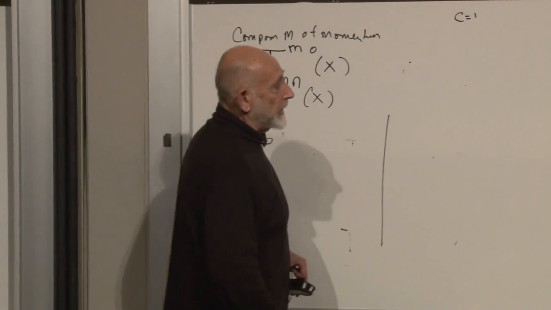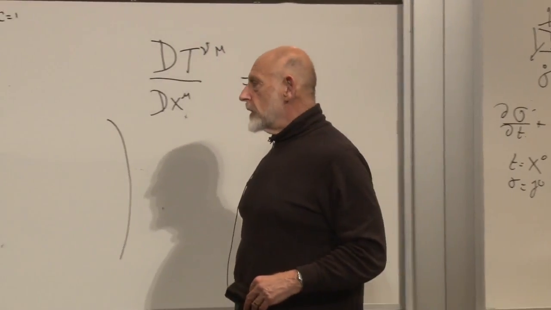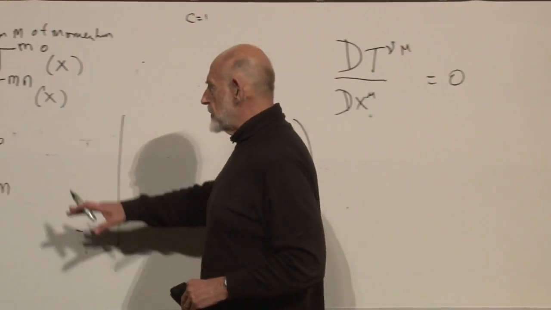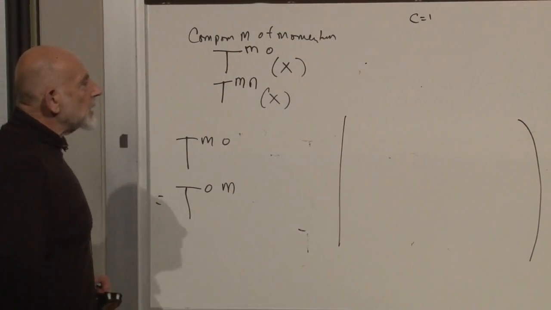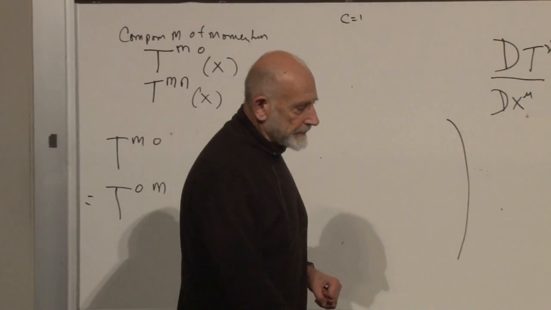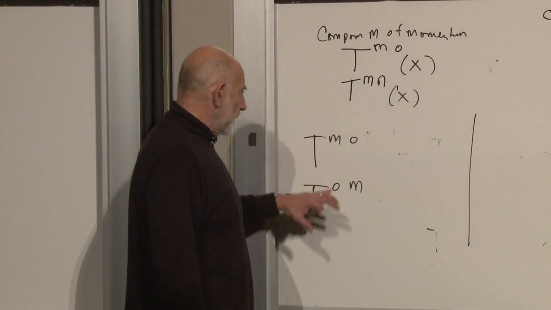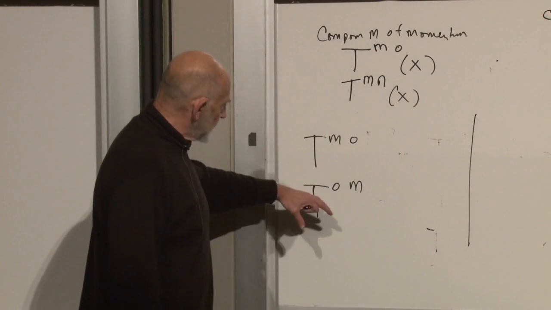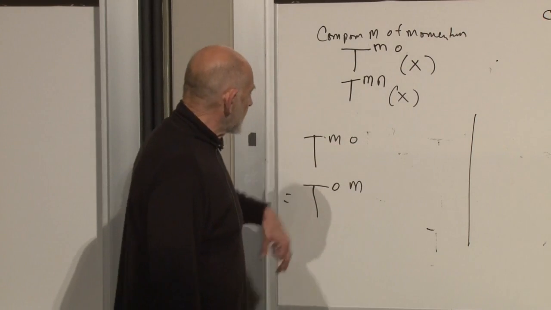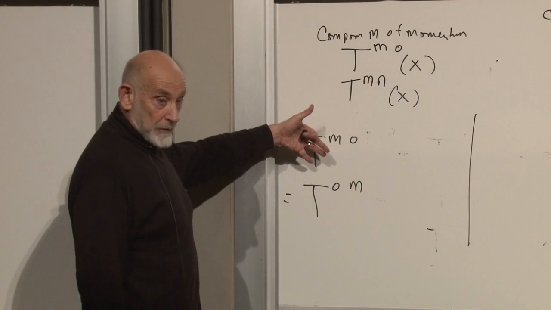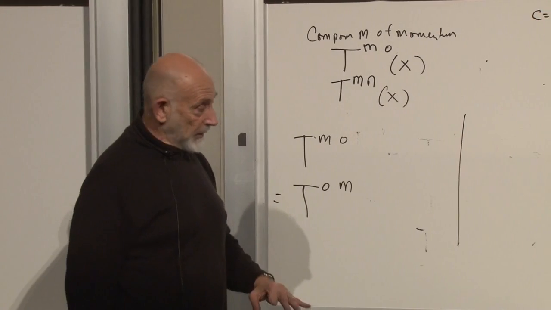It's a general property of relativistic systems, which I'm not going to prove now, that this matrix is symmetric. Tm naught is equal to T naught m. It takes a little bit of work to prove it. Relativistic invariance allows you to connect this with this. It is a theorem of relativistic field theory: in all relativistic field theories, the energy momentum tensor is symmetric.